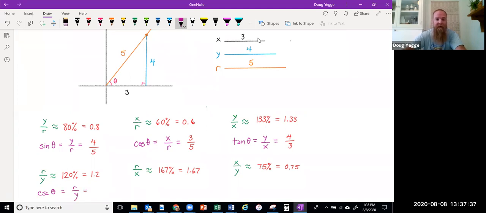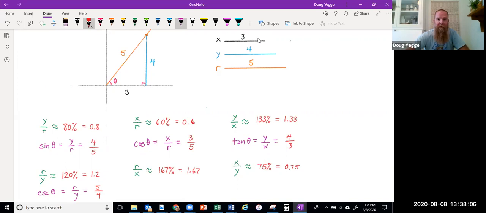So cosecant of theta is r over y. Well, if r is 5 and y is 4, then I know that 5 over 4 is bigger than 1. This is 1 1/4, which is 1.25. Okay, so we were a little bit off, but it turns out that we were pretty darn close based off of what the proportion was, right?